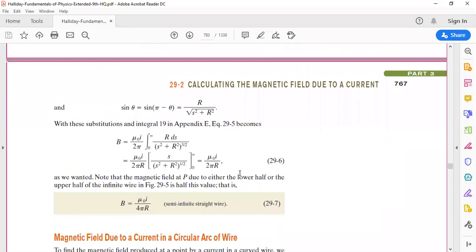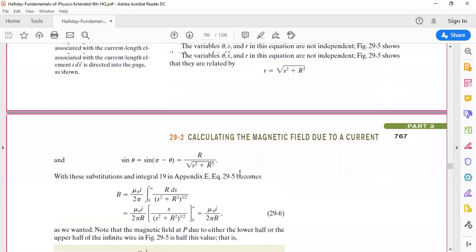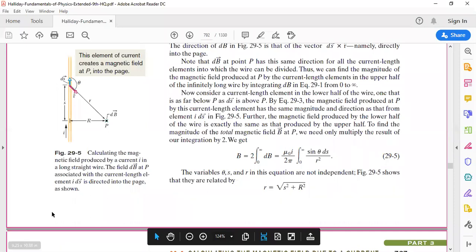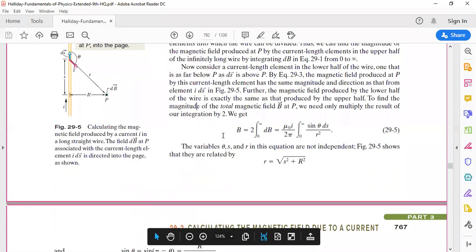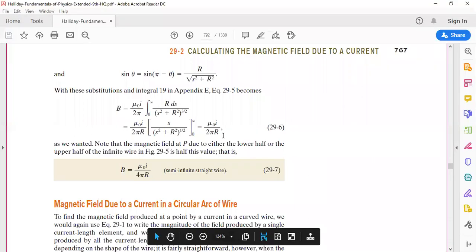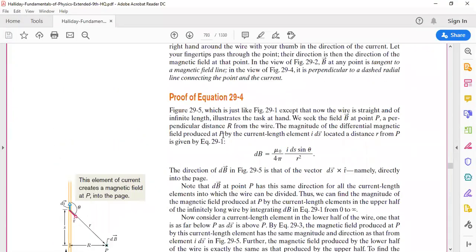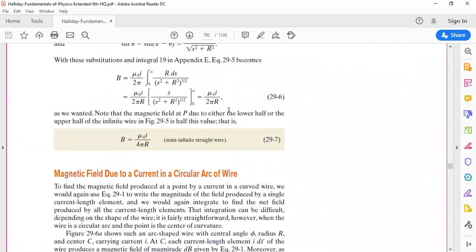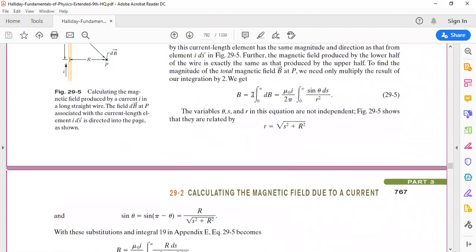So remember, this equation is for an infinite length of wire. We have considered it on both sides of this point P, in the upward direction and the downward direction. But if you are given a semi-infinite straight wire, where it asks you to determine the magnitude of the magnetic field just from the upward portion of the wire, not the downward portion, then you just have to solve it without this 2, in 29.5.